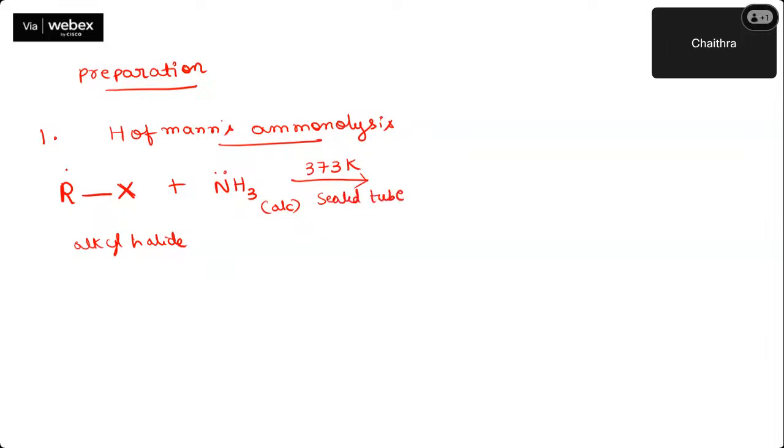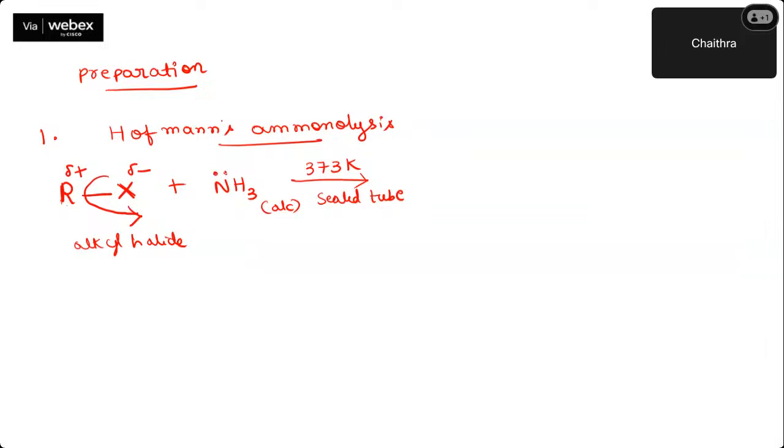Now you tell me what happens. You know that alkyl halide is polar in nature, right? Who is more electronegative among carbon and halogen? Halogen is more electronegative, right? So it pulls both the electrons towards itself. So this gets a partial negative charge, this gets a partial positive charge. Now this became electron deficient.